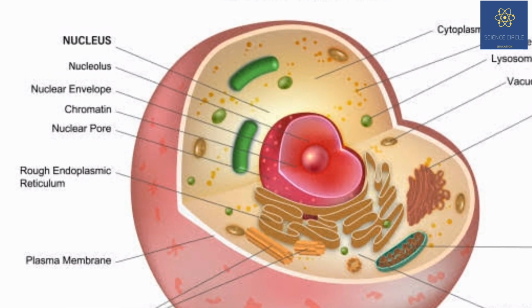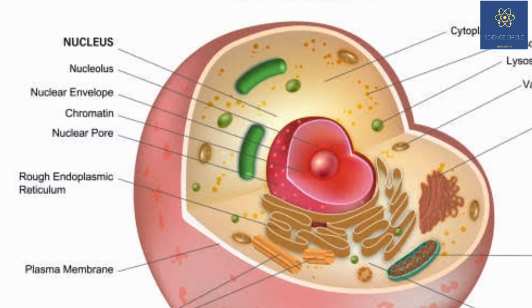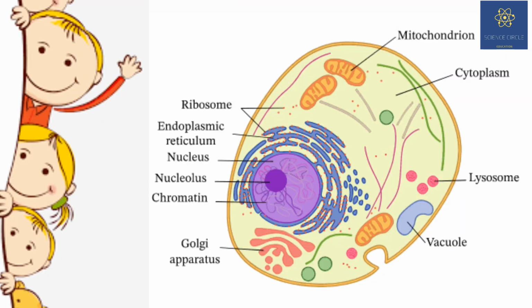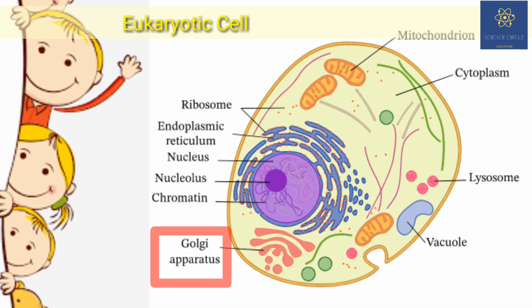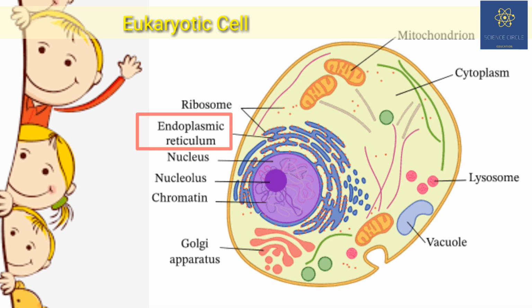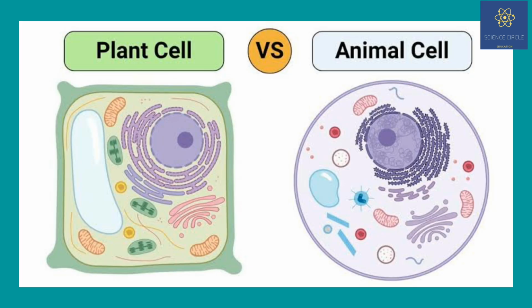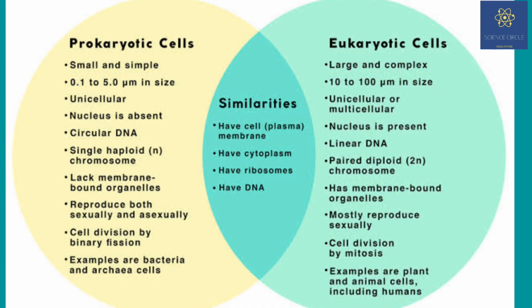So a well-organized nucleus is present in a eukaryotic cell. Eukaryotic cells also contain membrane-bound organelles like mitochondria, Golgi bodies, endoplasmic reticulum in the cytoplasm. We will be learning about the structure of plant cell and animal cell separately in our upcoming videos.